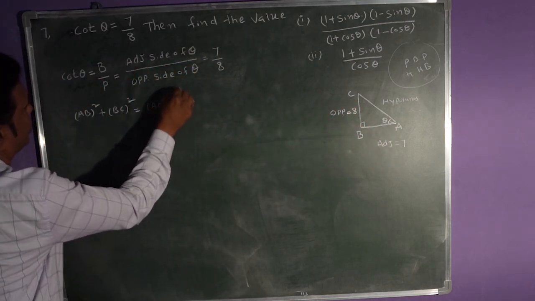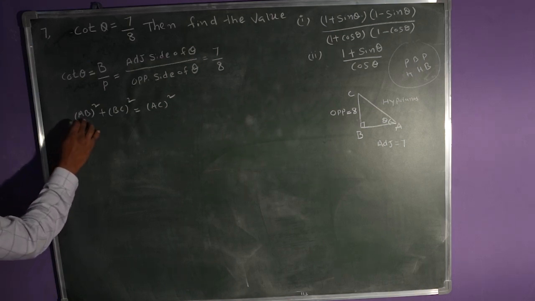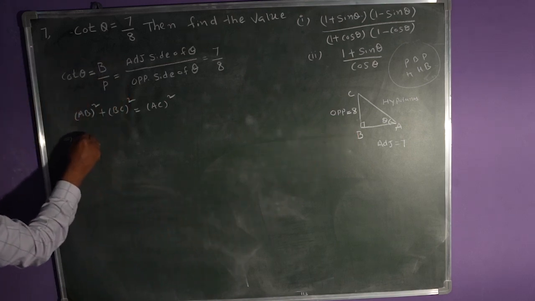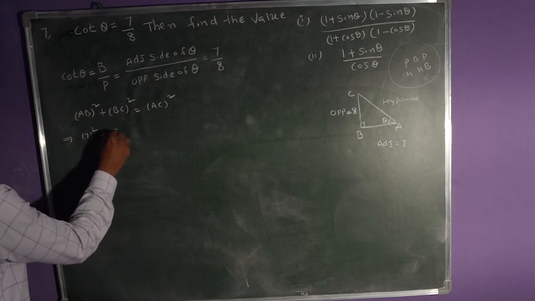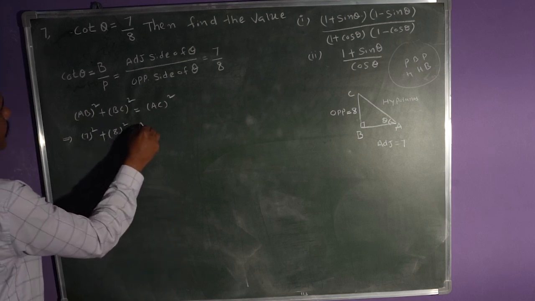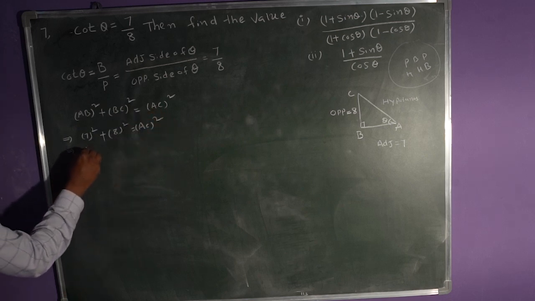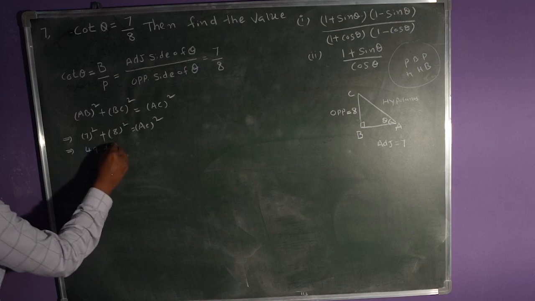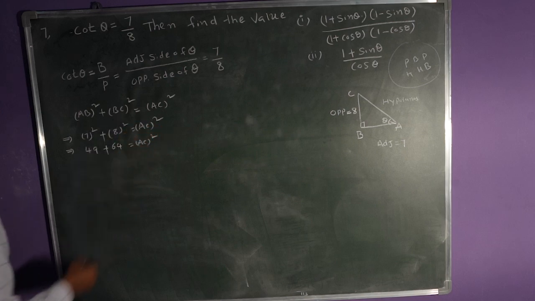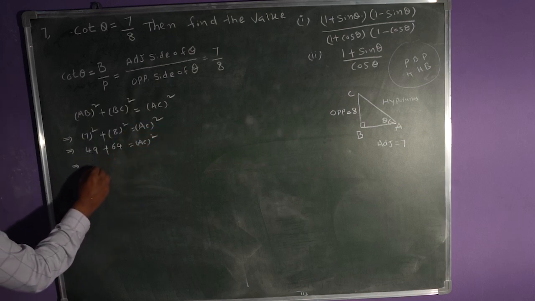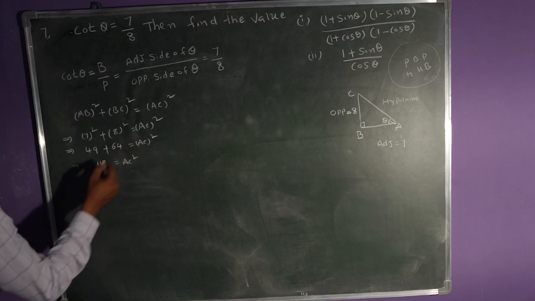AB is adjacent, adjacent is 7 square, plus BC, BC is opposite, opposite is 8, 8 square is equal to AC square. 7 square means 49 plus 8 square means 64 is equal to AC square. 49 plus 64 is 113, equal to AC square.